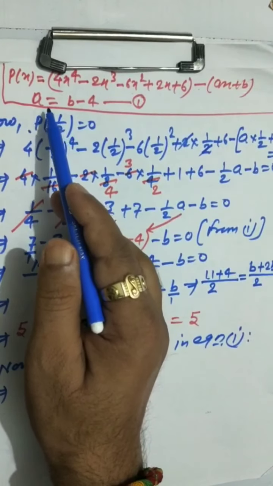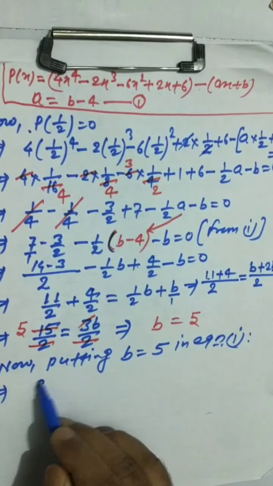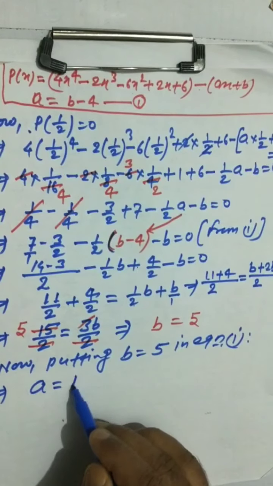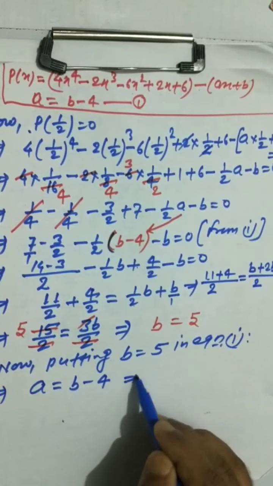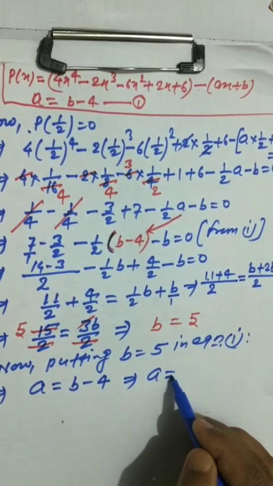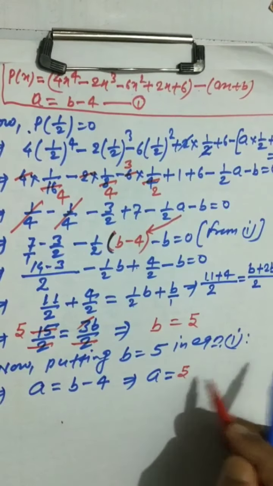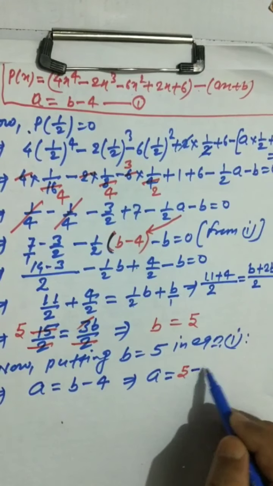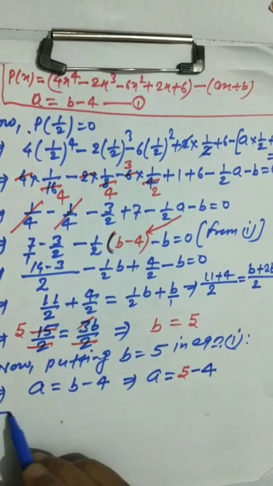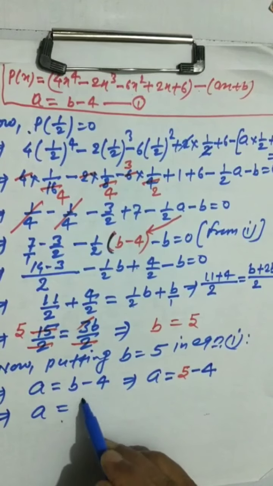So we have written here a will be equal to b minus 4. Now put the value of b. A is equal to, the value of b is equal to 5 and minus 4. So you have got the value of a, which is equal to 1.